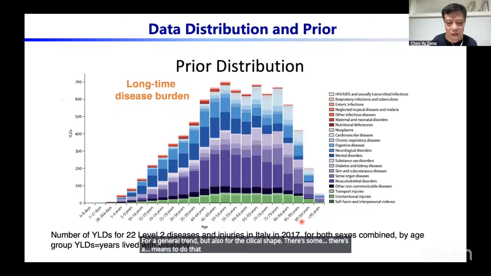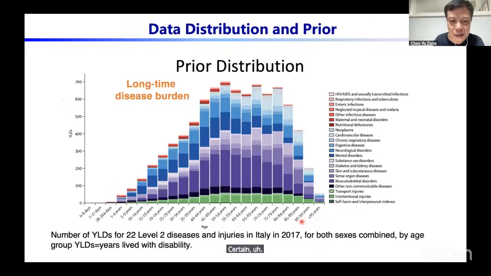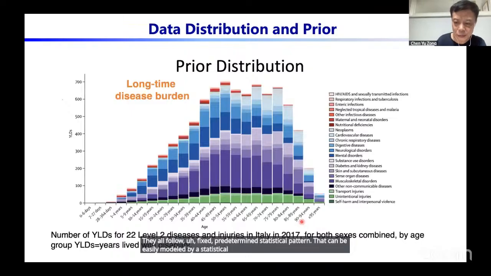But here we just look at the examples of the existence of the so-called prior distribution. That means certain natural phenomena, certain human activity phenomena, all follow a fixed, predetermined statistical pattern that can be easily modeled by a statistical density function or distribution function.